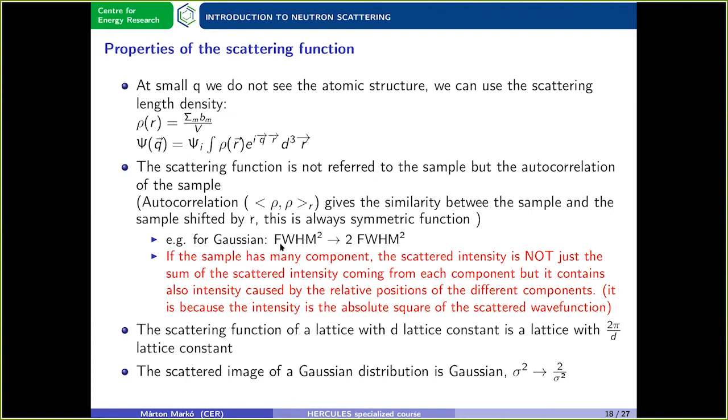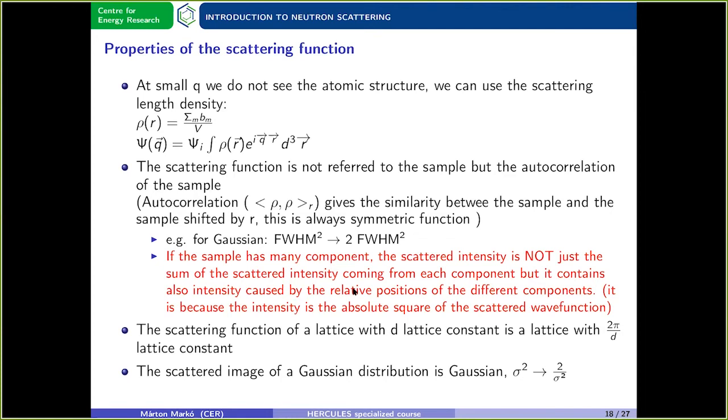For example, if we have a Gaussian distribution, in the autocorrelation image we will see 2 times larger variance, so a square root of 2 times wider Gaussian distribution. And if the sample has many different components, then the scattering intensity is not just the sum of the intensities coming from the components, but also the correlation between the components. So we will see the relative positions of the different components.